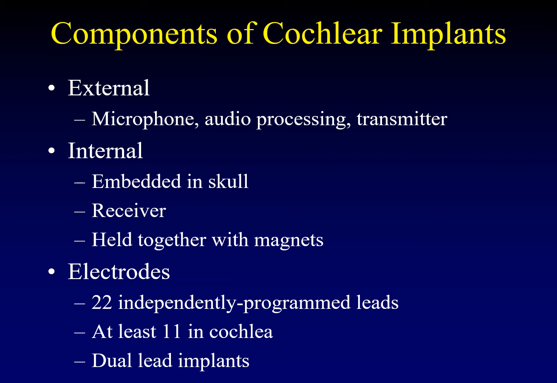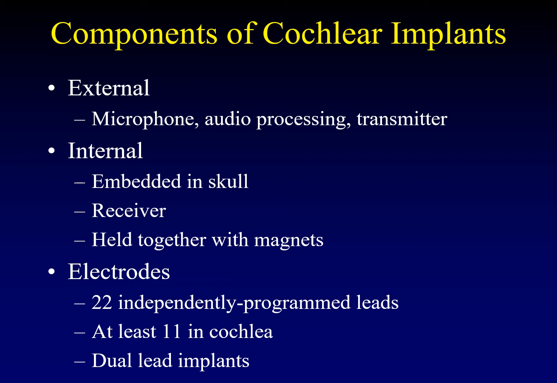You can see that magnet on plain film, and you can ensure that it doesn't get displaced out of its appropriate position, especially after someone has had to go into an MRI. The whole issue of MR safety with regards to these cochlear implants is an evolving area and well beyond the scope of this lecture, but really interesting stuff.